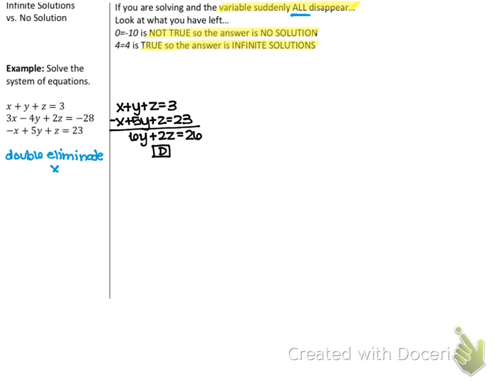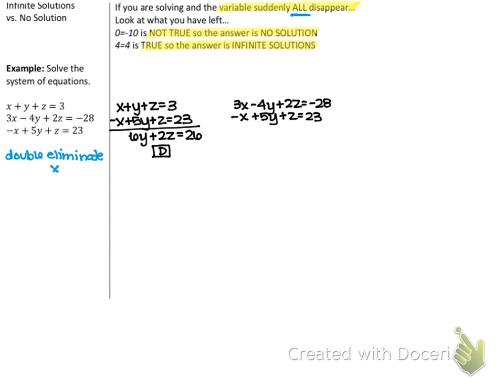So I eliminated x, which means I need to eliminate x again. I think I'm going to use the second and the third one. So I'm just going to copy down what I got. So the second equation, 3x minus 4y plus 2z is equal to negative 28. And then negative x plus 5y plus z is equal to 23.